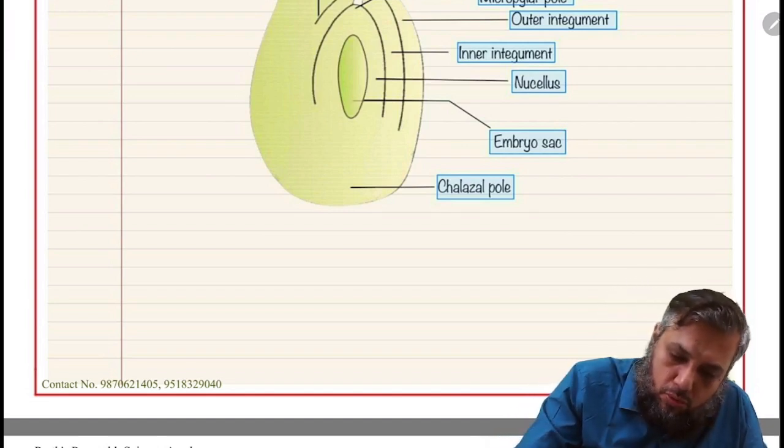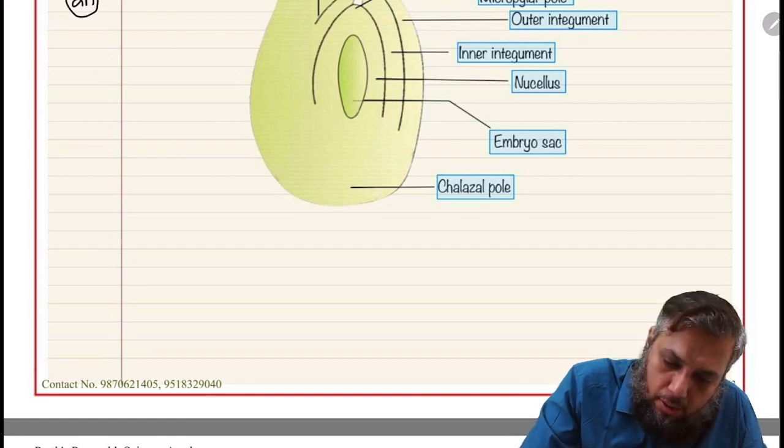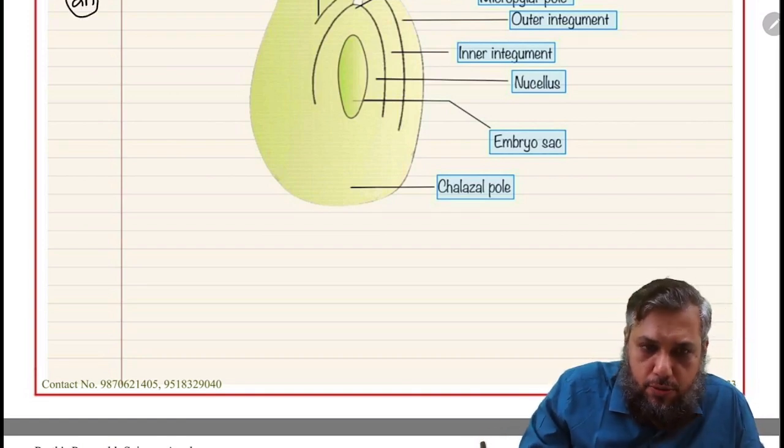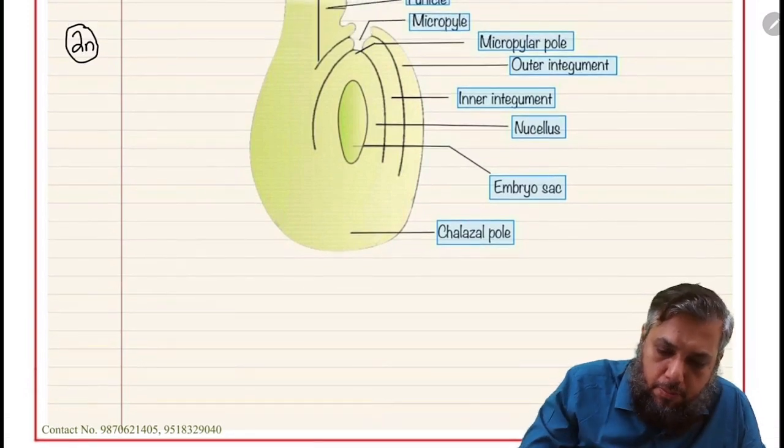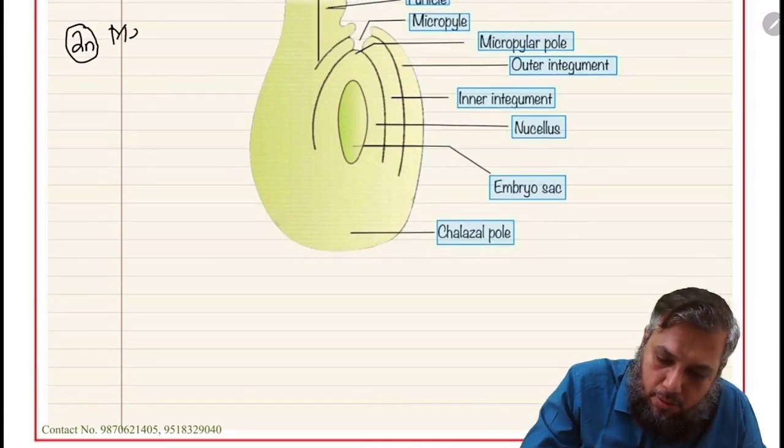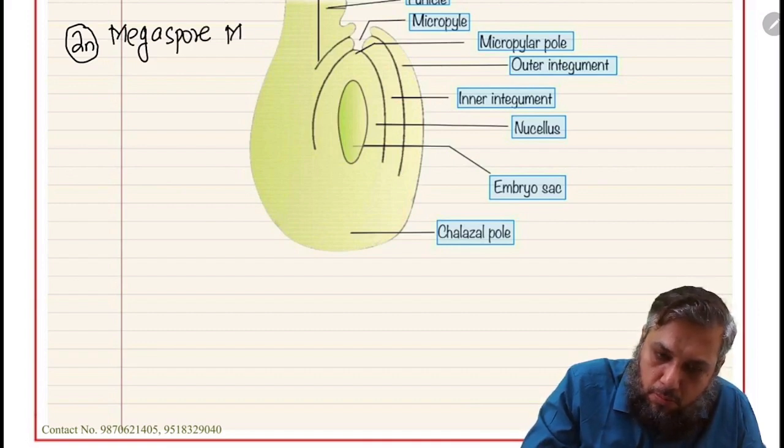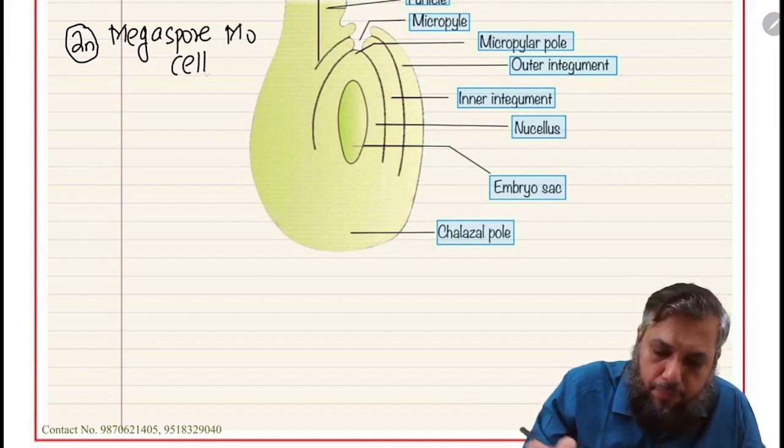So, one of the diploid cells of the nucellus becomes a megaspore mother cell.